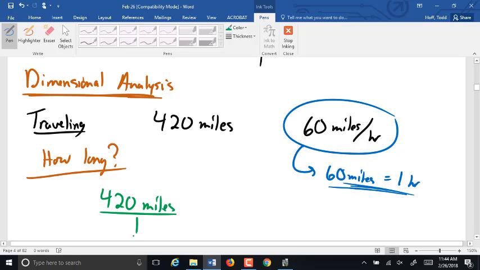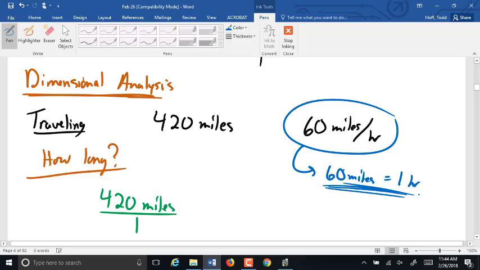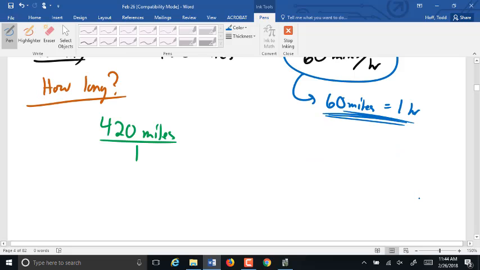We put it over 1, and we can now use this conversion factor, 60 miles equals 1 hour, to convert that. We have miles on top. We're getting rid of those, so we're going to put miles on bottom. And this rate gives us an equivalency of 1 hour equals 60 miles.